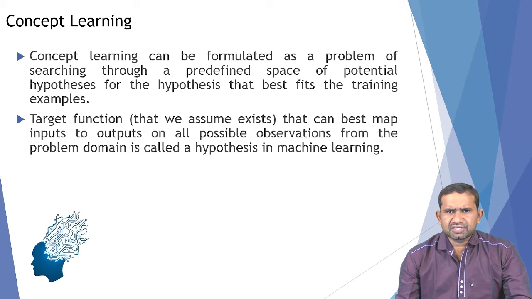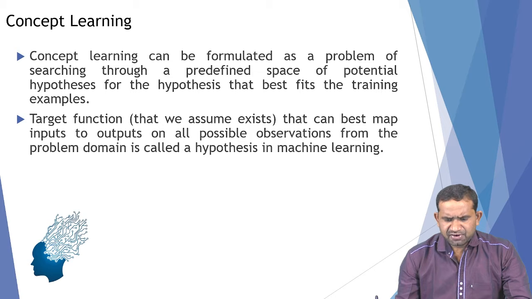Whenever we discuss concept learning, we mainly focus on the basic concept of learning. For example, how the machine can learn, how it can be described, how it can be recognized from the general concept to the specific concept.